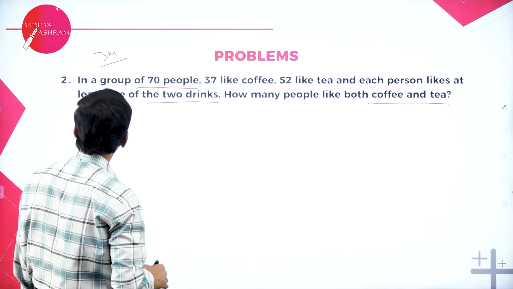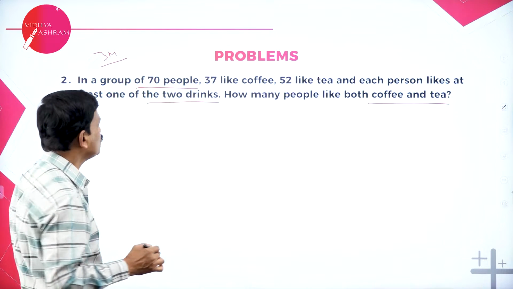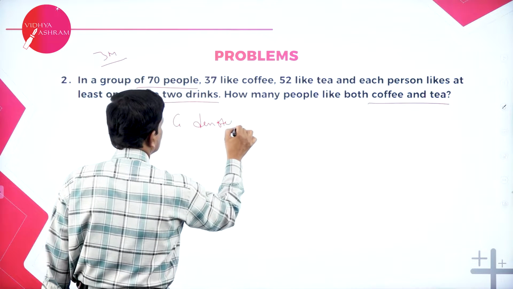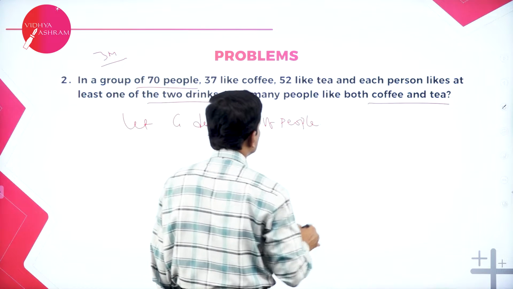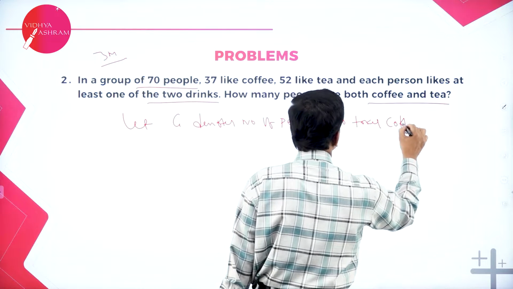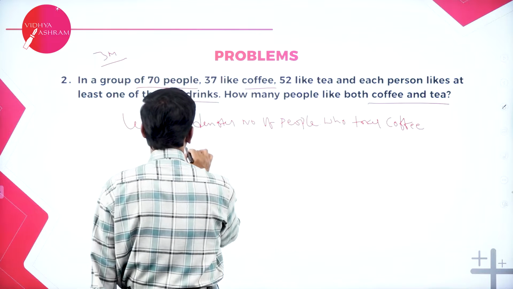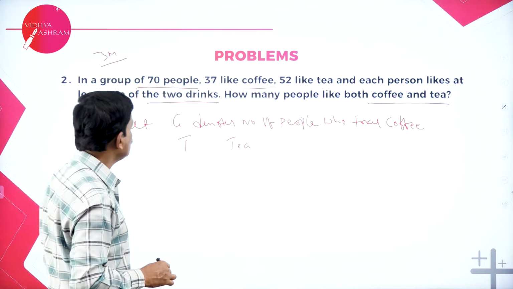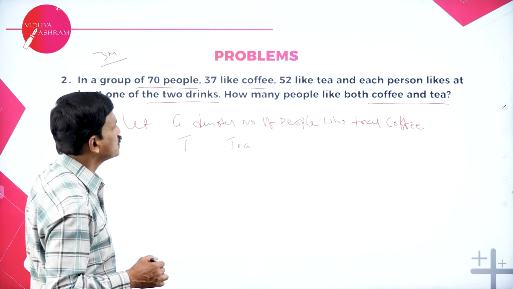Suppose in a group of 70 people, 37 like coffee. So let us represent: let C denote the number of people who take coffee, and T, capital T, denotes the number of people who take tea.